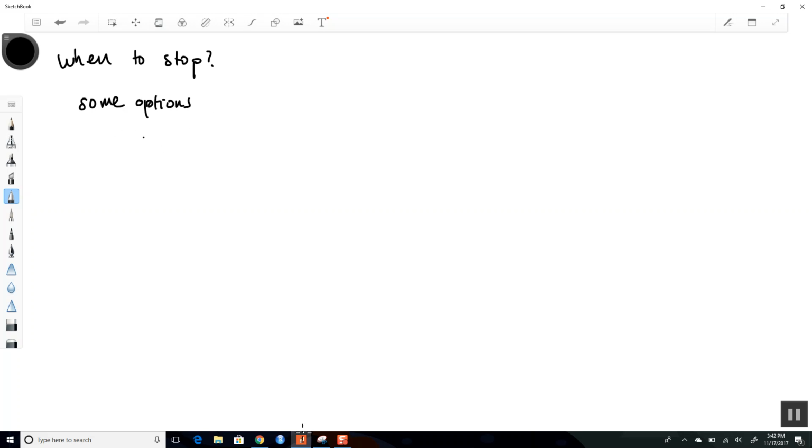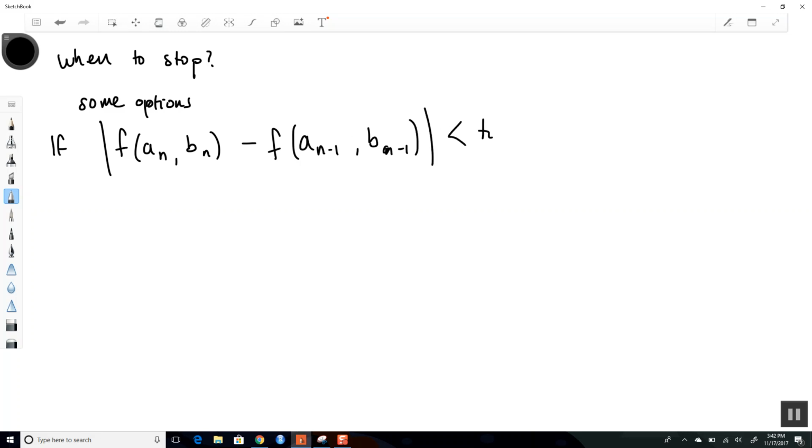One is you can do, we'll say, the function of a(n) and b(n) minus your previous values of a and b. If this is less than some tolerance, okay, that's one option for choosing when to stop.